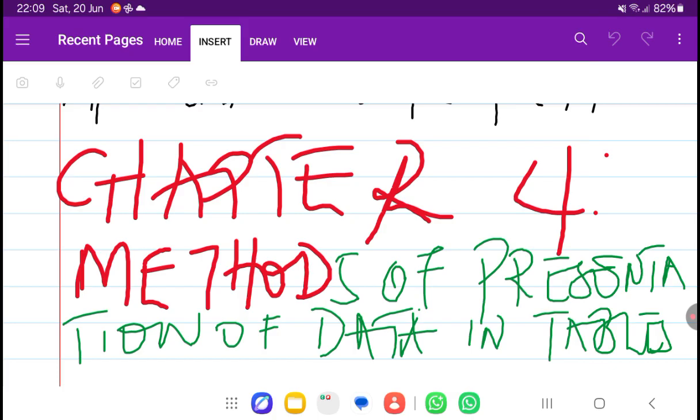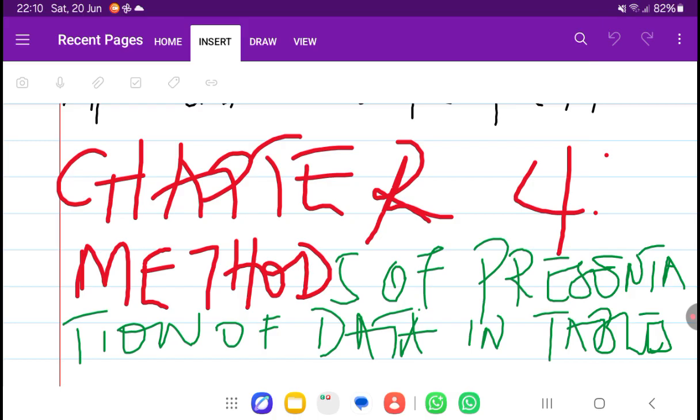So we are going to see how we can analyze data using tables. That is the main purpose for this chapter. So of course the data we are summarizing is the data that we collected using the data collection methods that we looked at.